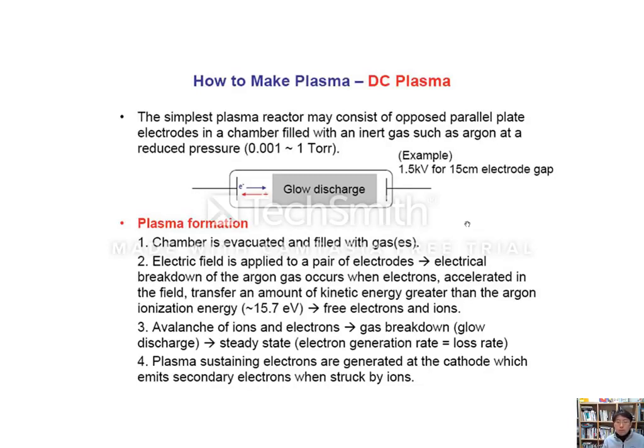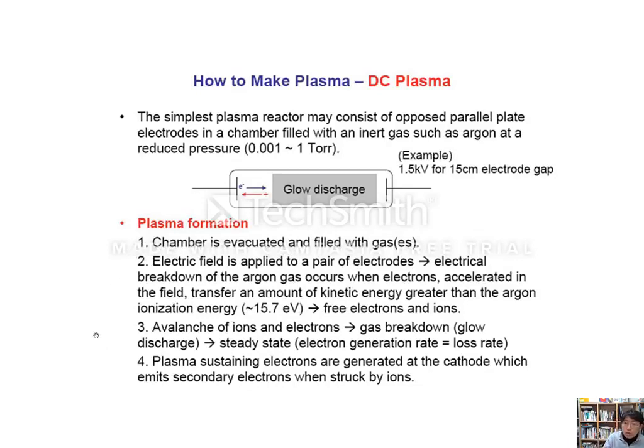Then if you keep increasing the voltage, there is a glow discharge between the two electrodes. Now when you have plasma, it is very bright, like a UV light, a very shiny beam glowing inside. That is a way to generate the plasma, and that's the process of plasma formation here.